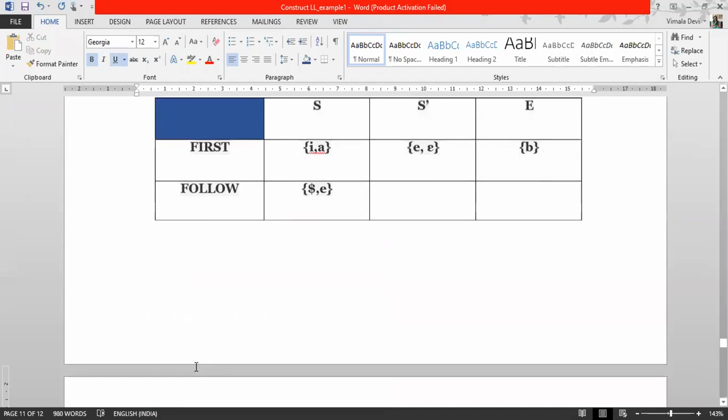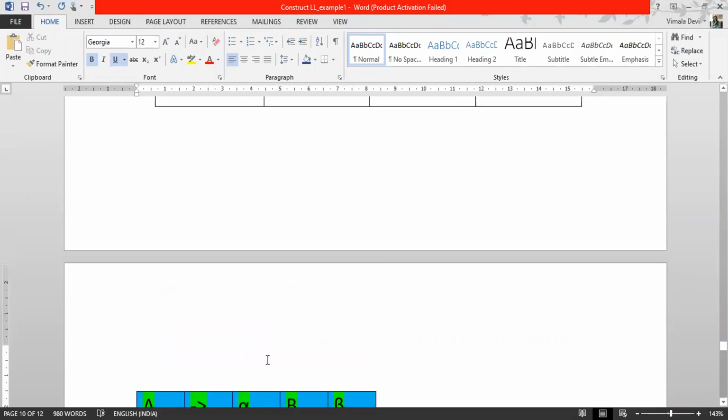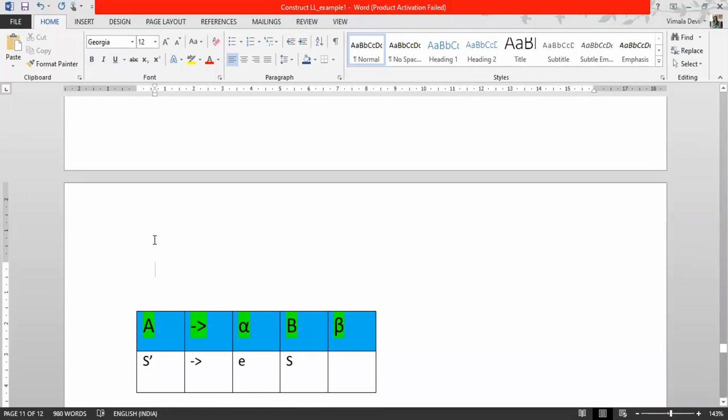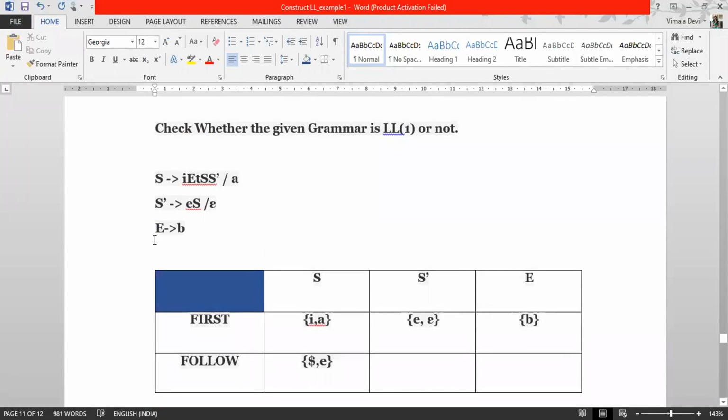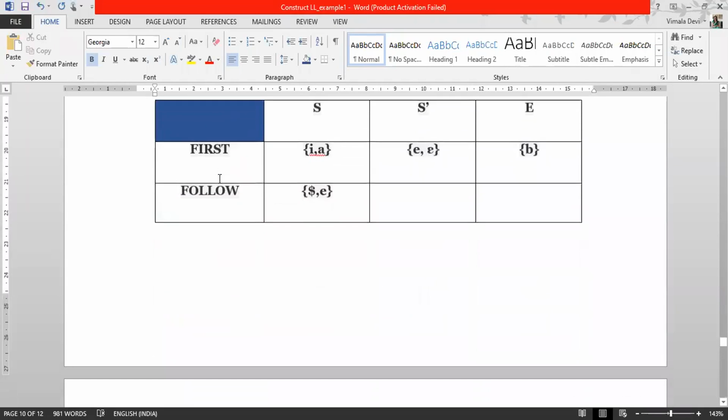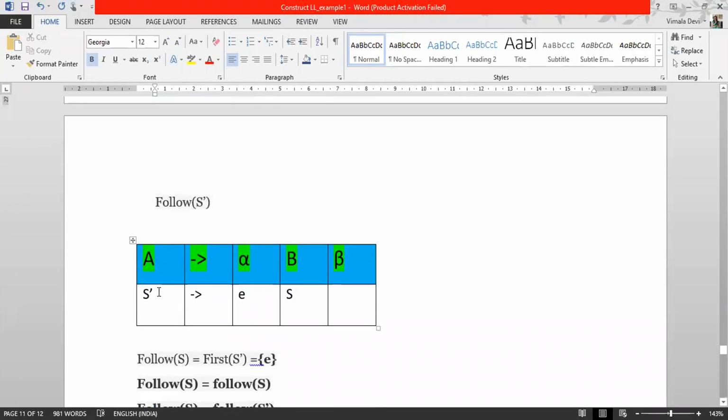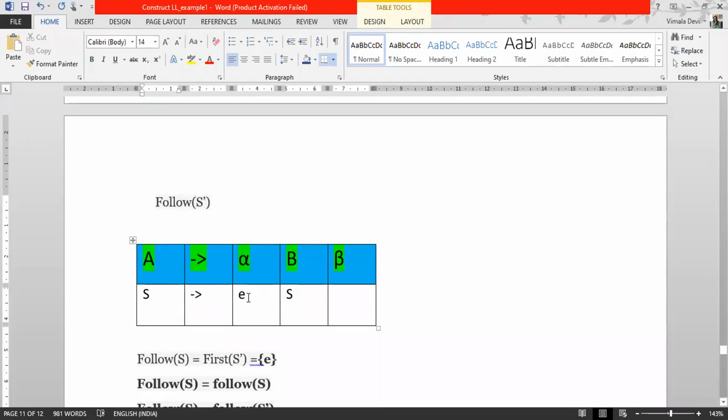Okay, now let us compute follow of S'. So we are going to find follow of S' at this moment. To compute follow of S', I have to consider the rule S derives iEtSS', because this is the only rule which contains S' on the right hand side. So let us consider the rule S derives iEtSS'.